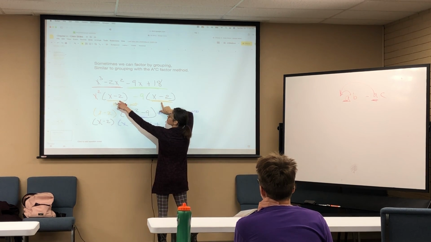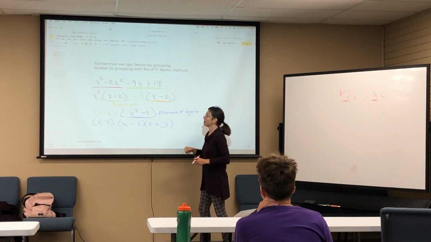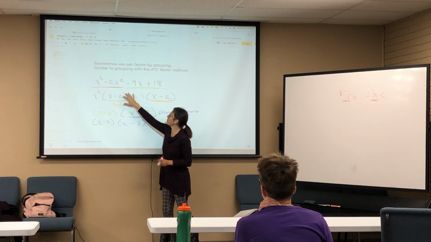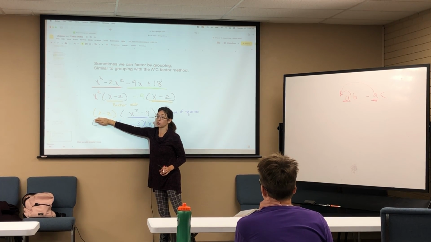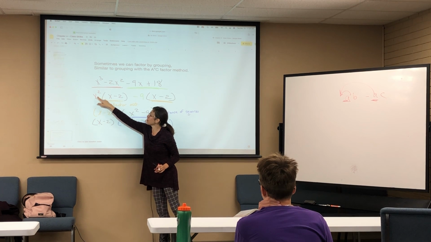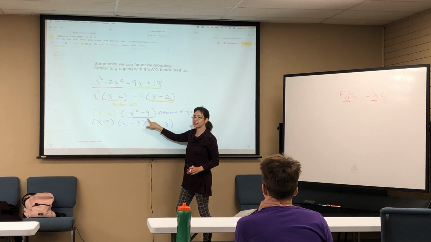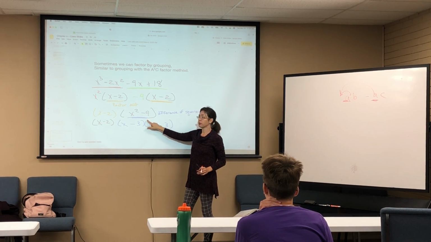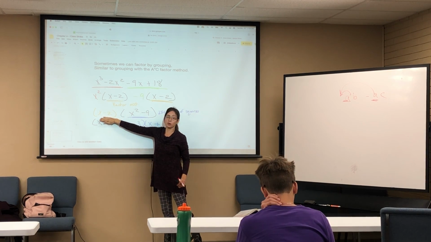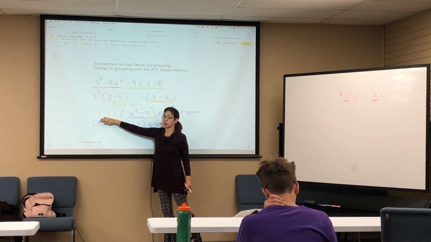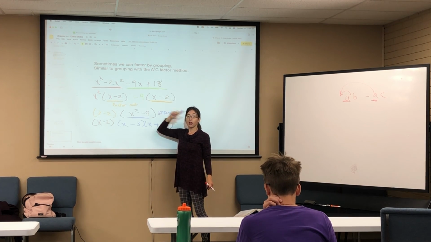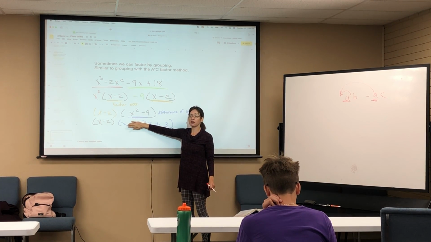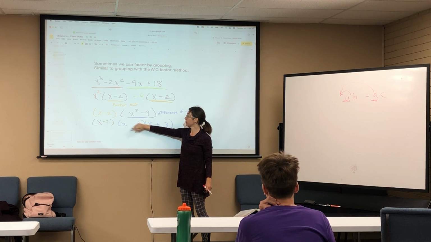Well, now I have 2 parts that match. So technically what we're doing is we're now factoring out x minus 2, and what we're left with is x squared minus 9. Right? X minus 2 is as far as it can go. X squared minus 9, when we look at that, we go, light bulb, this is a difference of squares.